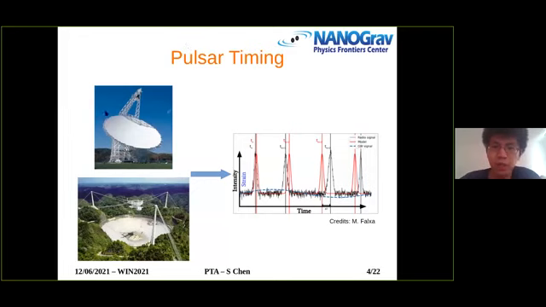So you use your telescopes, you observe a given pulsar, and then you see in black the pulse that you get from the pulsar, and you can model the arrival of these pulses. So you know where the pulsar is on the sky. You know, roughly speaking, the mass. It should be periodic.